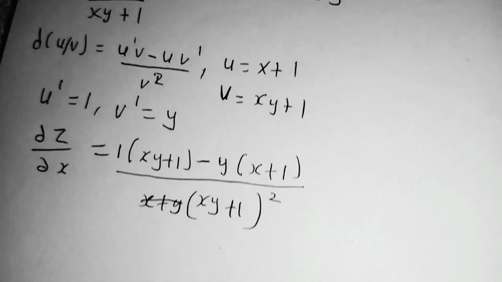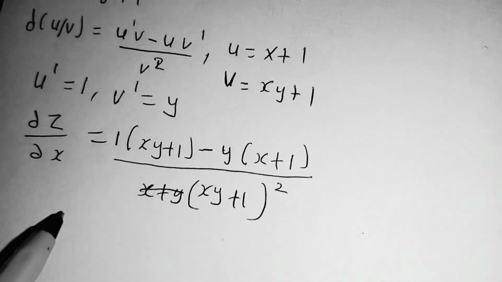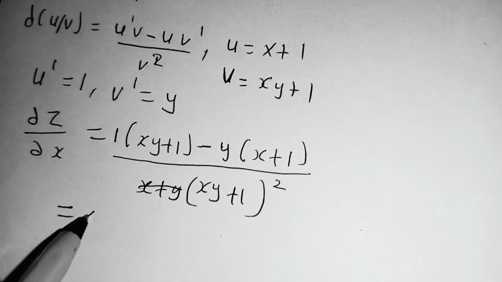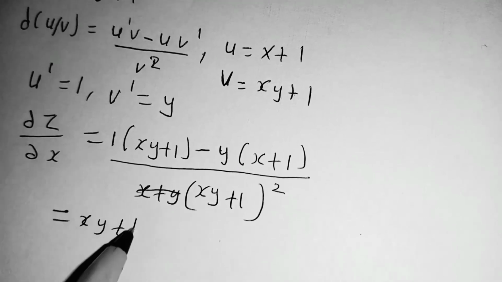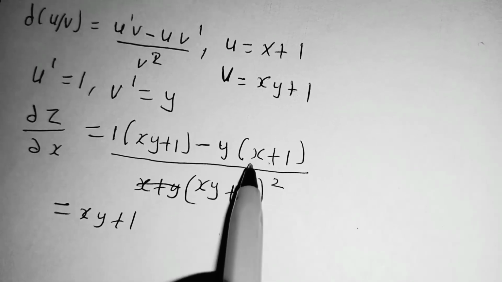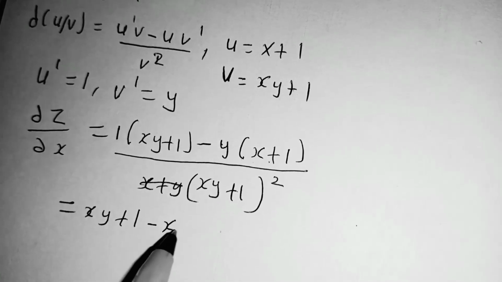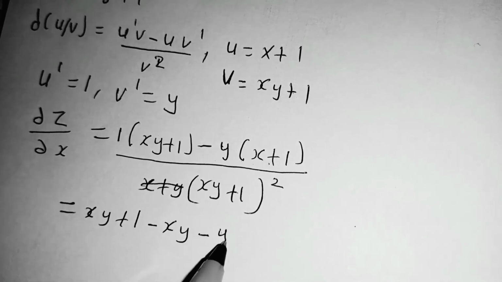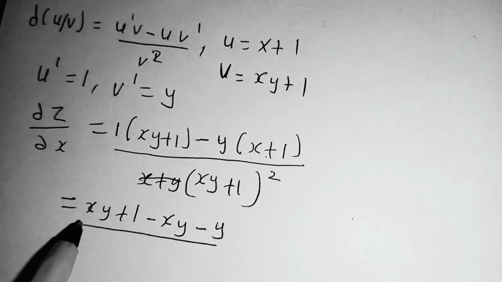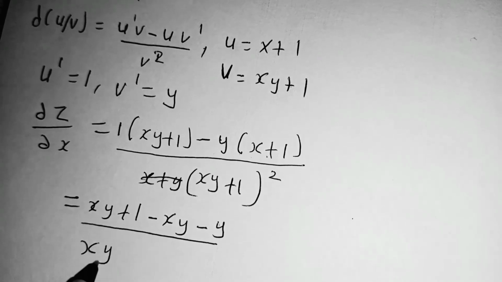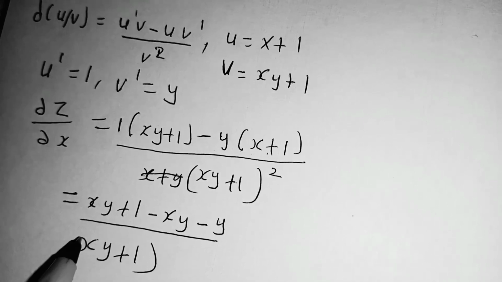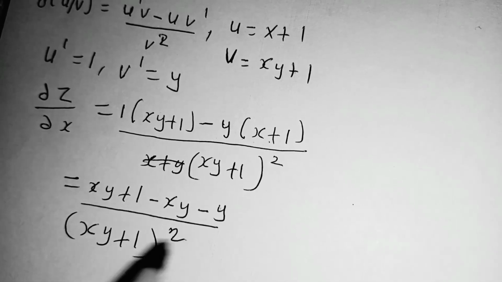From there, of course, we can simplify. This will be xy plus 1. We can remove the bracket here. Negative y times x will be negative xy, minus y, divided by xy plus 1, everything squared.